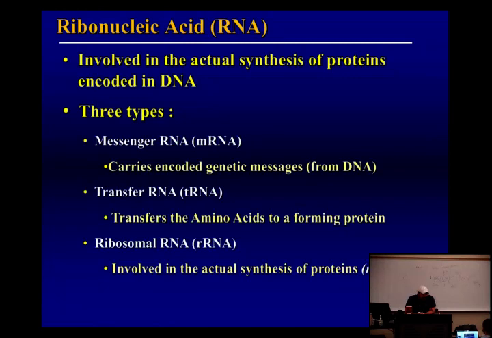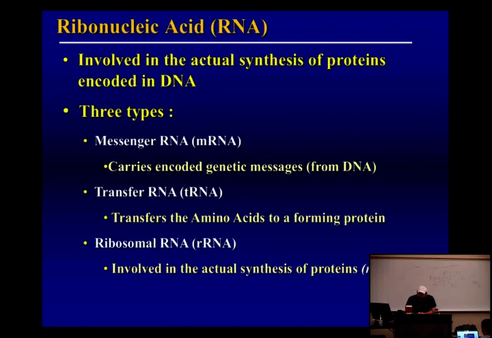What's the tRNA for? Transfer RNA, what do they do? What's the purpose of it? It turns the messenger RNA code into the amino acid code, right? Their job is to transfer the message from mRNA to amino acids.